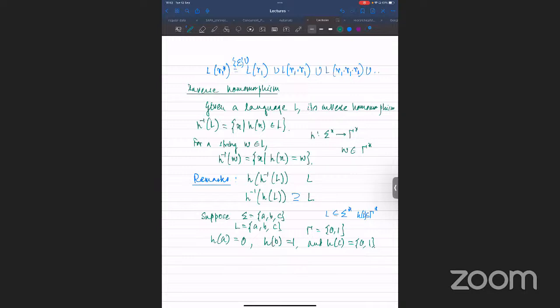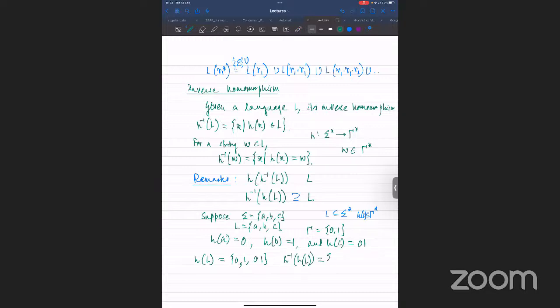So what is H of L? From the definition, you take individually: for A you get 0, for B you get 1, for C you get 01. What about H inverse of H of L?